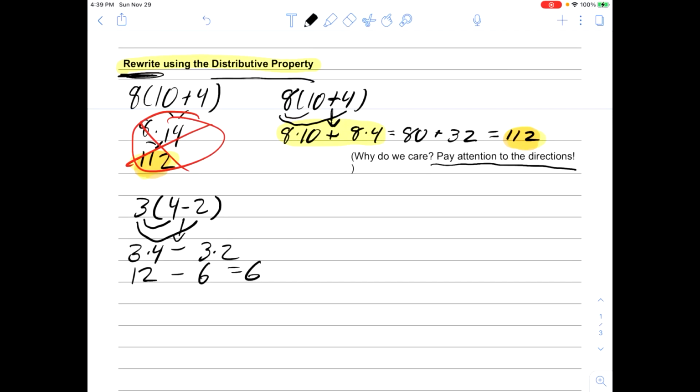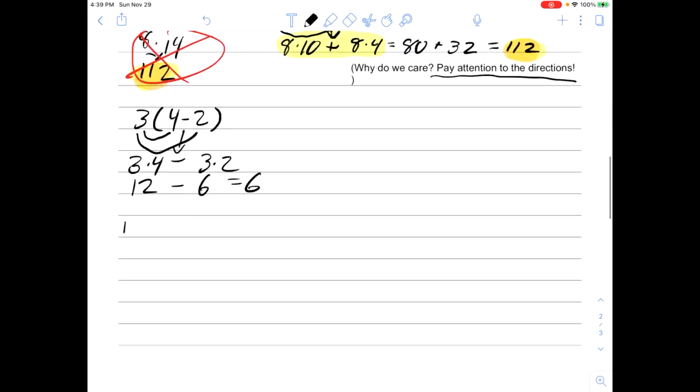Now the other thing we can do is we can actually go backwards. So let's say I asked you to rewrite using the distributive property backwards, and I gave you the problem 7 times 9 plus 7 times 5. Well, in this case, I'm trying to put it in a format where I have a number outside the parentheses being multiplied by 2 things being added inside.